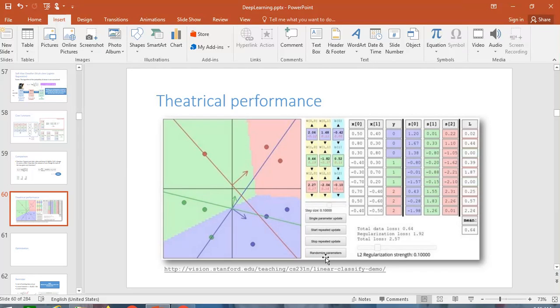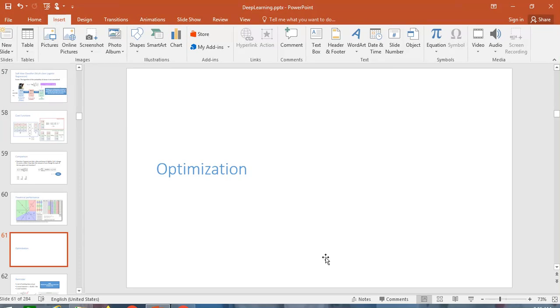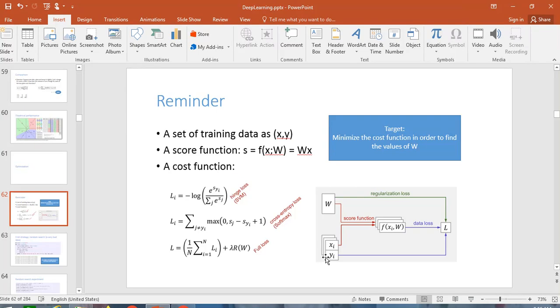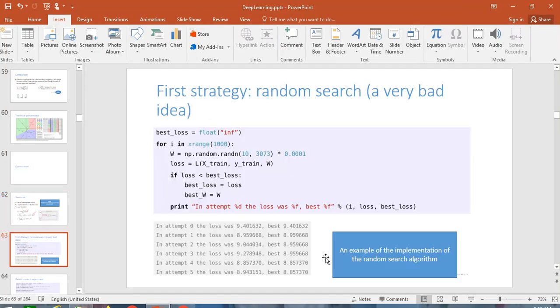Now this is a complicated discussion, but here I want to tell you a practical foundation that you can actually use. The cost function is actually a function of W that we want to minimize.